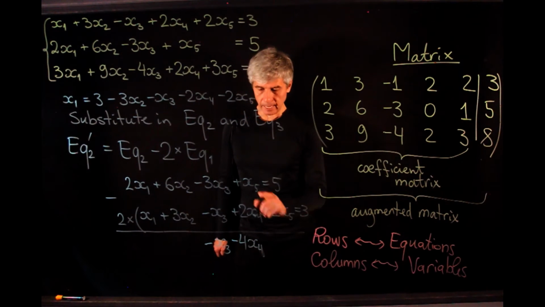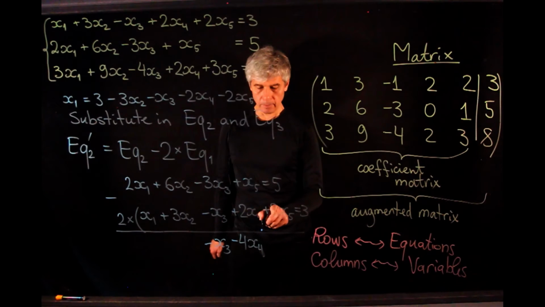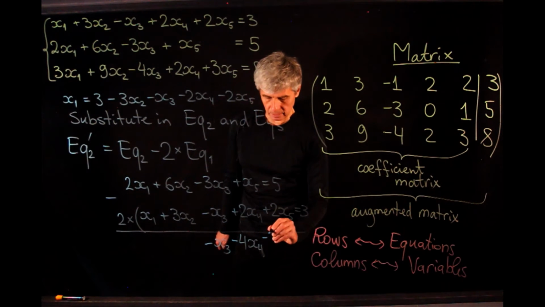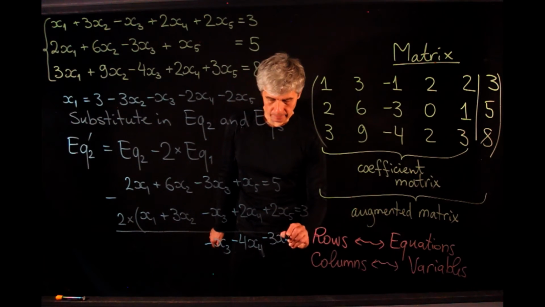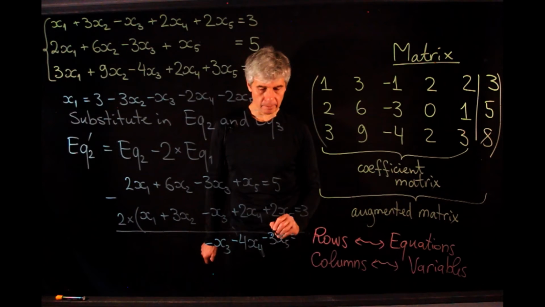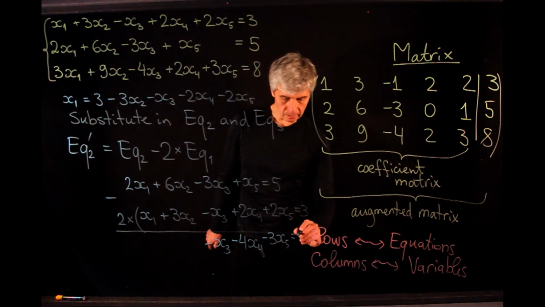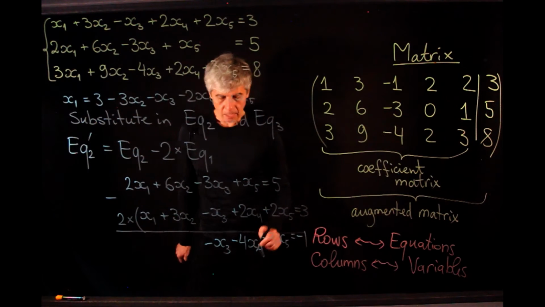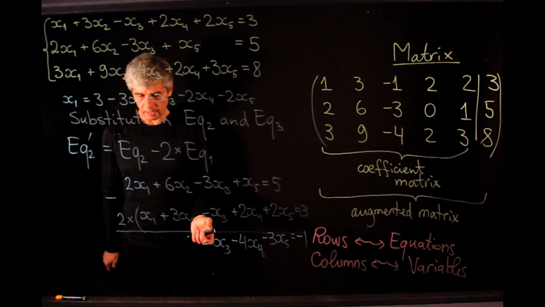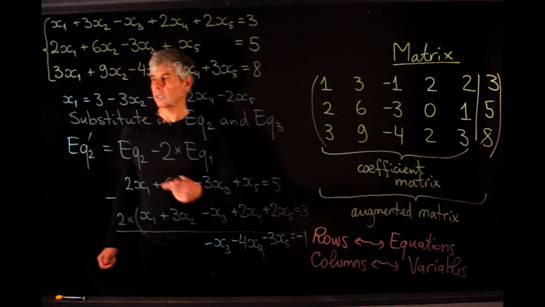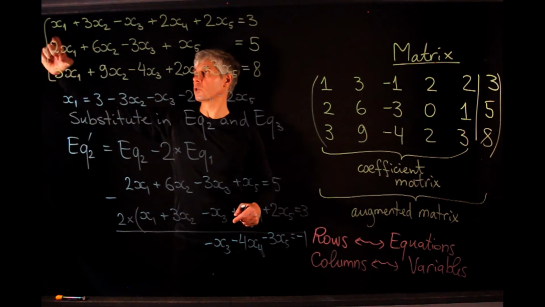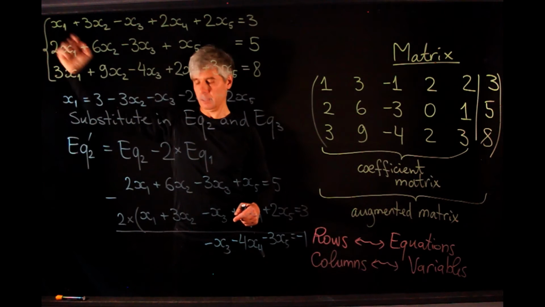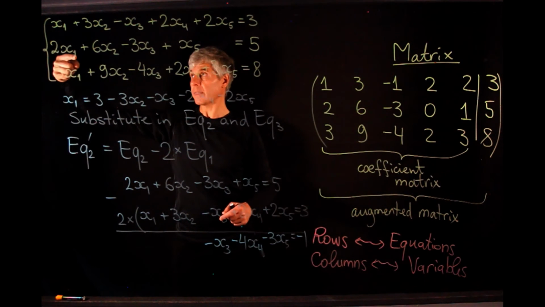And we get x5 minus 4x5, so minus 3x5. And the right-hand side becomes 5 minus 6. It's negative 1. So what we see is if we take equation 2 and subtract 2 times equation 1, then the variable x1 is eliminated.